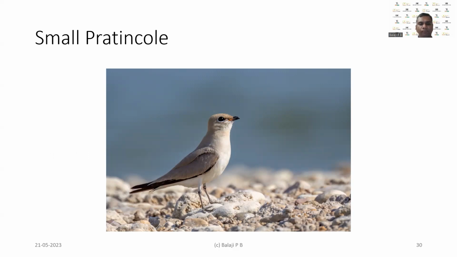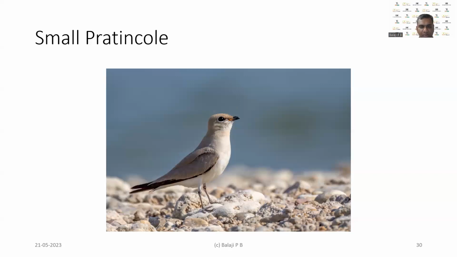It cannot be confused with any other species. As the name implies, it's fairly small when compared to the oriental and the collared Pratincoles. It has a very unique, very short beak. And a lot of people call this the lipstick bird. It looks like the bird is wearing lipstick.